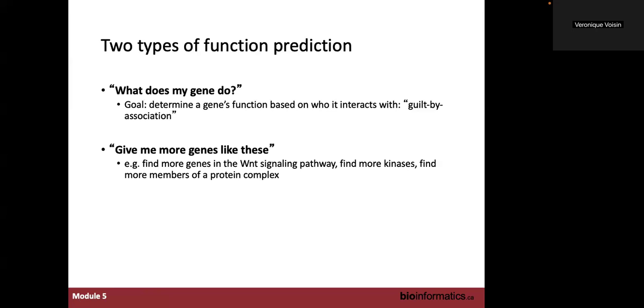We will look at the network that relates these genes together, that will provide some context on how to expand and find more genes like my query list. For example, if the genes are in the Wnt signaling pathway and all these genes maybe are kinases, it makes sense that the other genes like this that we will add to the network will be kinases as well.